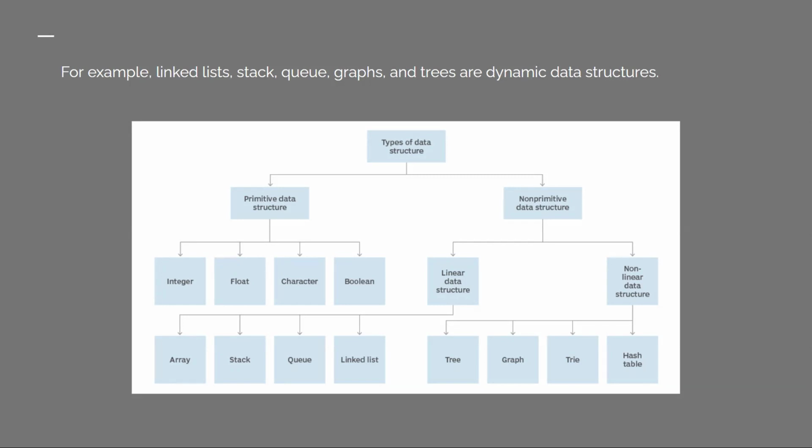Non-linear data structure is divided into, like, trees, graphs, and hash tables. And linear data structure includes array, stack, queue, linked list, etc. But primitive data structure is only integer, float, character, and boolean data.